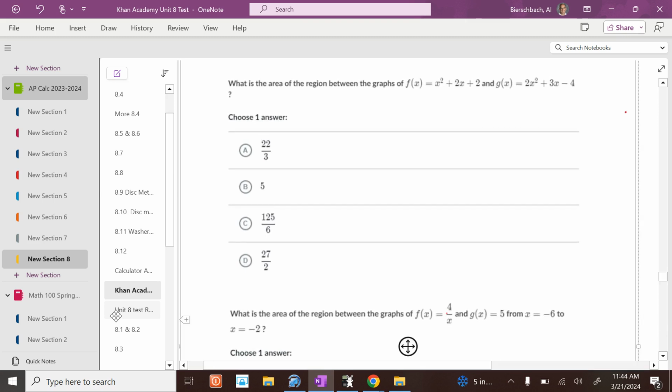The area of the region bounded by these two graphs: make this y1, this y2, and take the integral of where they cross of, well, let's just graph them.